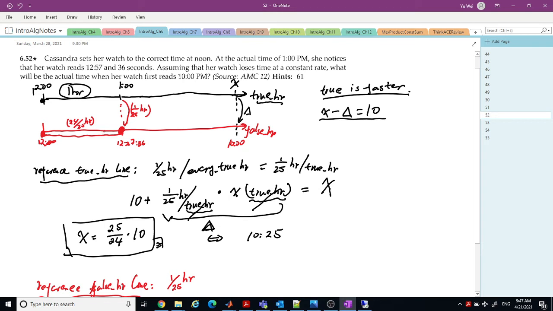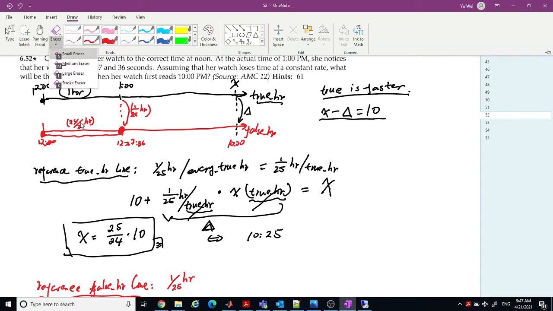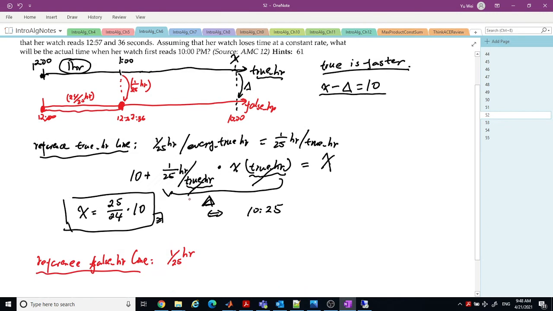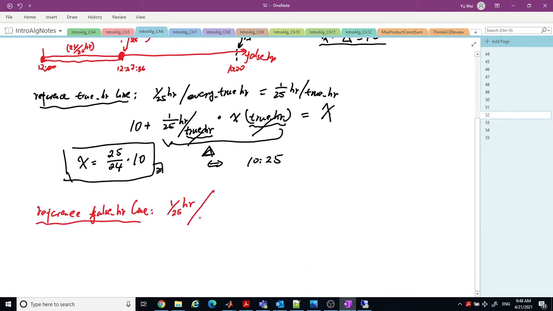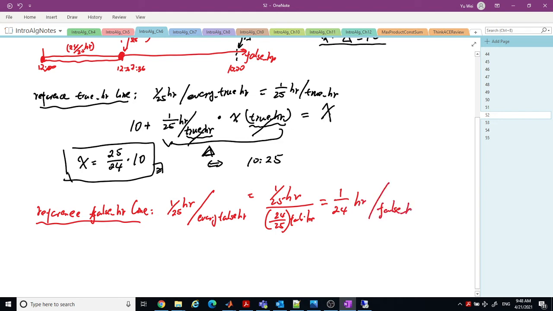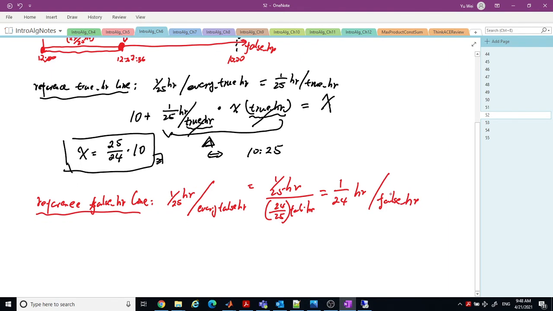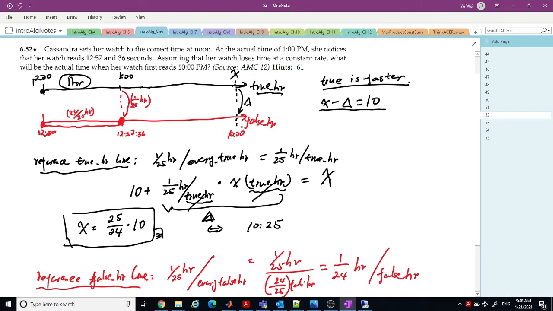The red segment is not 1 hour anymore. We are working on the red segment, right? So it's 1/24 hours for every 4th hour timeline, since we are working on the 4th hour timeline.